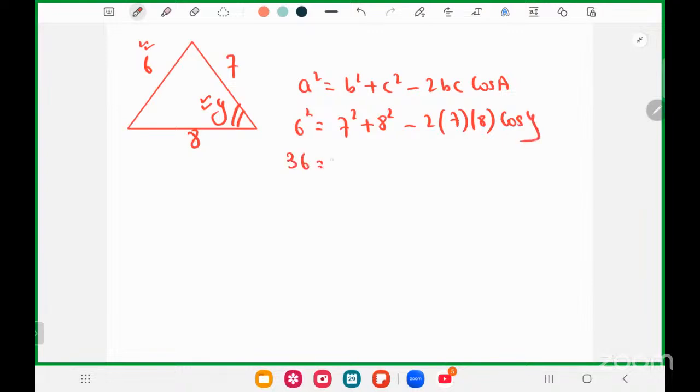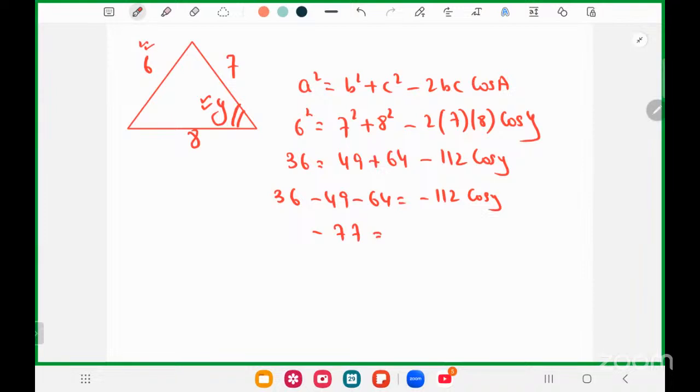6 square is 36, 7 square is 49, 8 square is 64, 2 into 7 into 8 is 112 cos y. 36 minus 49 minus 64 minus 112 cos y. 36 minus 49 minus 64 is minus 77, minus 112 cos y, so minus 77 minus 112 is cos y.